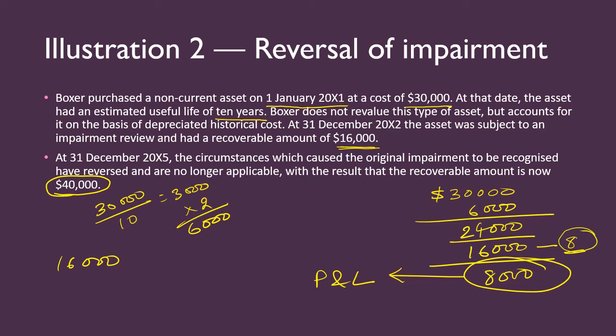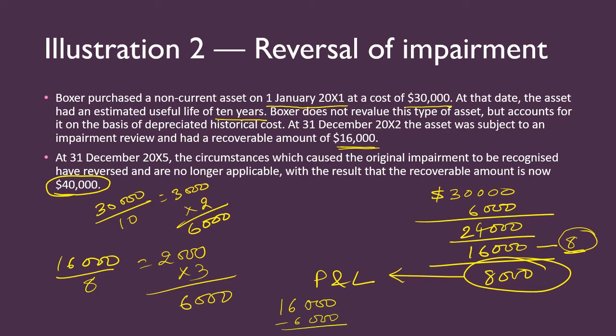So 16,000 divided by 8 is 2,000 per year, and after 3 years the depreciation is 6,000. So the value of the asset is 16,000 less 6,000, meaning 10,000.